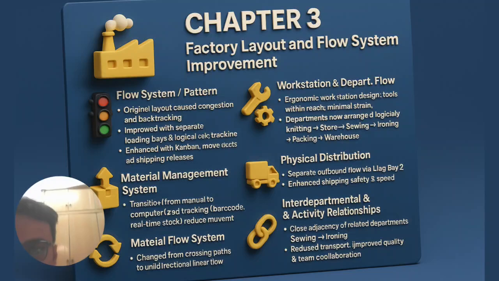For example, material now enters through the loading bay in the layout and is immediately transferred into the store, which is conveniently located next to the knitting fabric process area. Meanwhile, finished garments are packed and prepared near the loading bay, allowing quick dispatch without interfering with incoming stock. This supports proper documentation tools such as Kanban cards and move tickets.